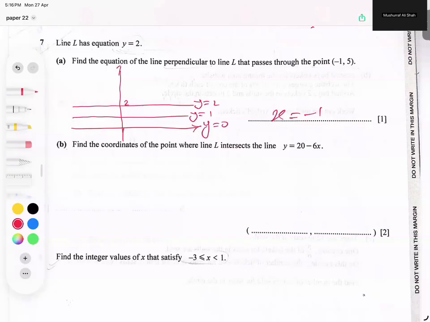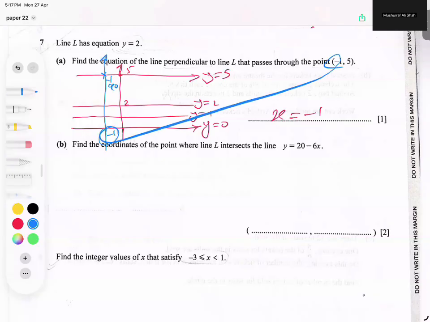And this line which passes through 5 is called y equal to 5, because this 5 is telling me. Okay, now I'm using blue color. This is -1. A line which goes through this is 100% at 90 degrees because it is perpendicular. And what about this line? Because it passes through -1, it is called x equal to -1. So without a diagram it is very hard. I hope you people understood very well.